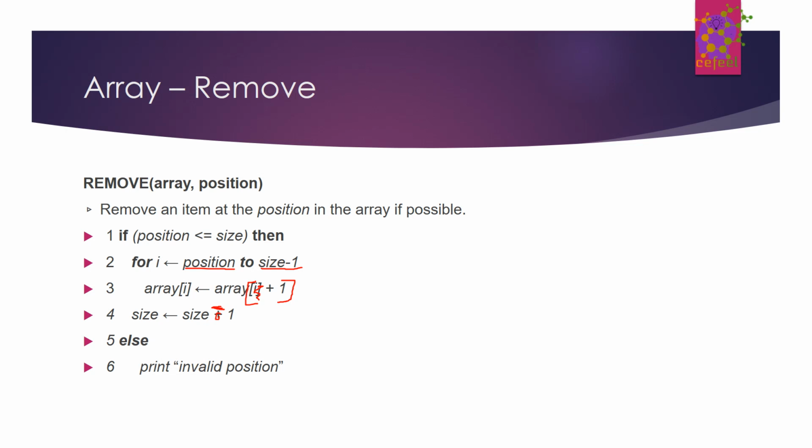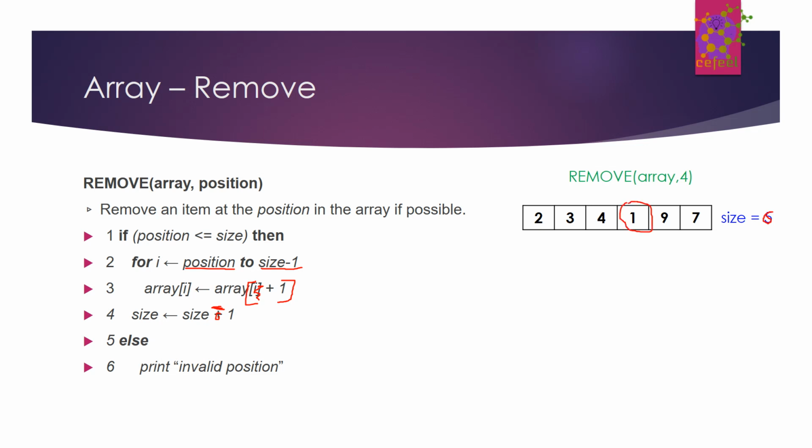Let's see this example in action. Now let's say we have this array, size is 6 over here, and we want to delete an element which is at the 4th location. So the 4th location means it's actually 1 that we want to delete. So what we will do is we will start with I, I'll fix this again, sorry for that.